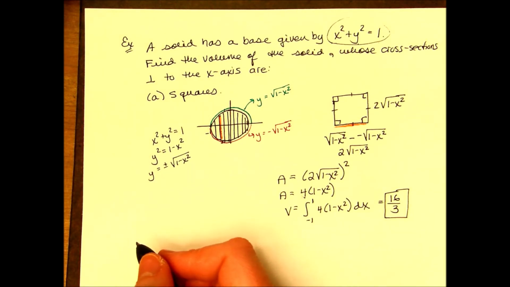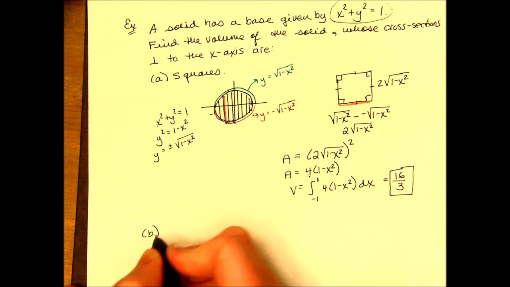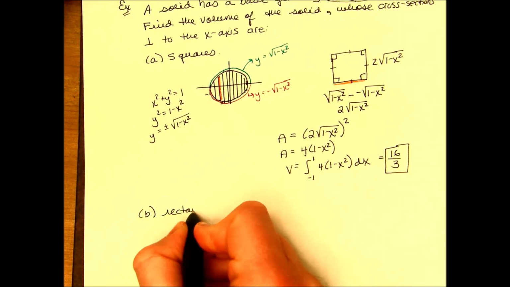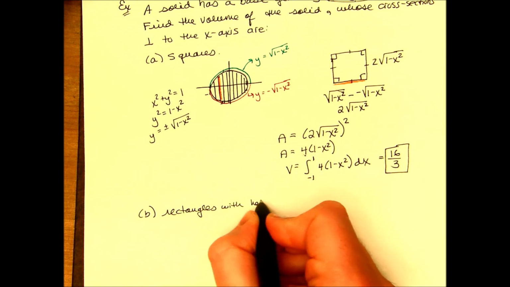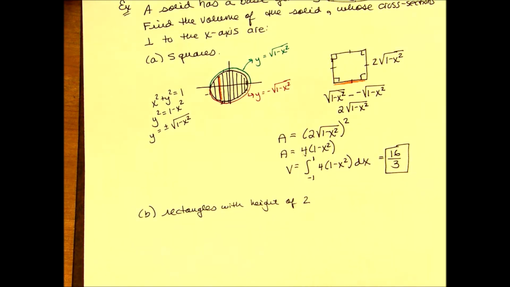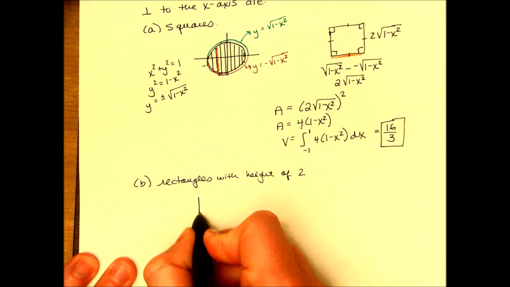Next thing I want to deal with is part B: what happens if the cross-sections are rectangles with a height of 2. Rectangles with a height of 2. Well, I'm going to draw in a rectangle.